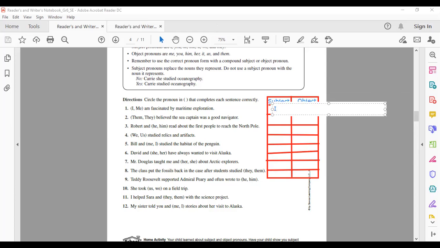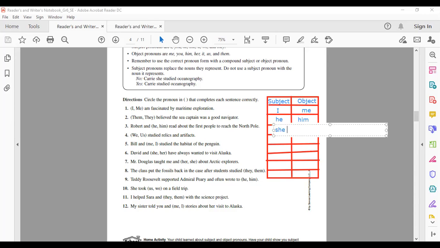Subject, I have I, when I'm talking about myself. I am 10 years old. I am a teacher. I am a student. I go to school. But instead of it, it will become me. Give the book to me. Then let's say he, it will become him. She, it will become her. Give the book to her.